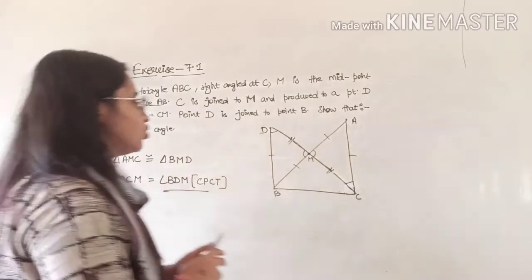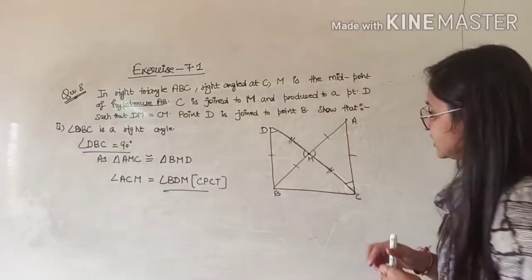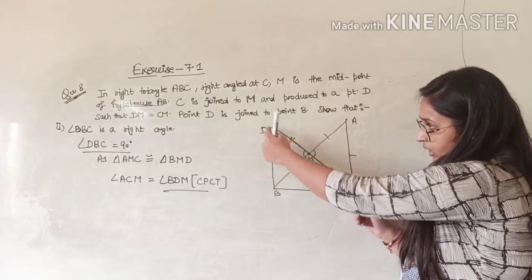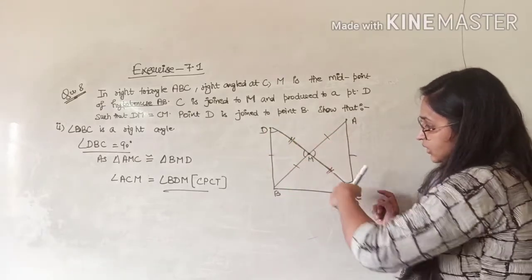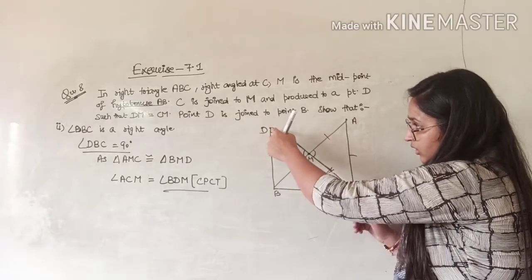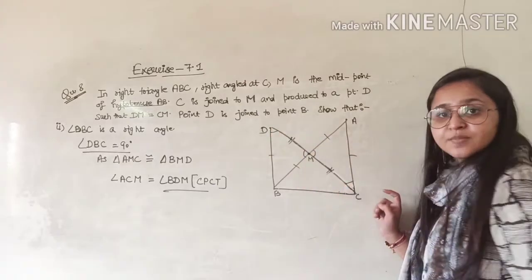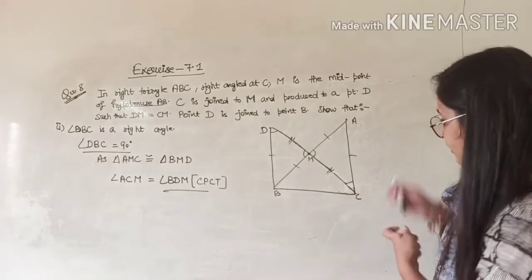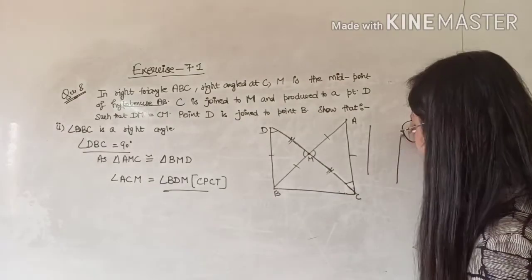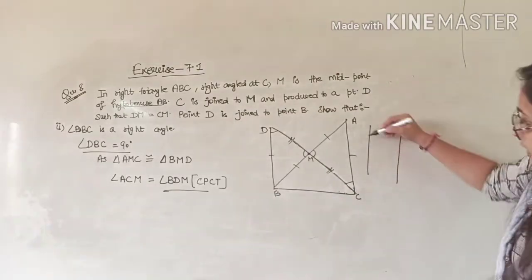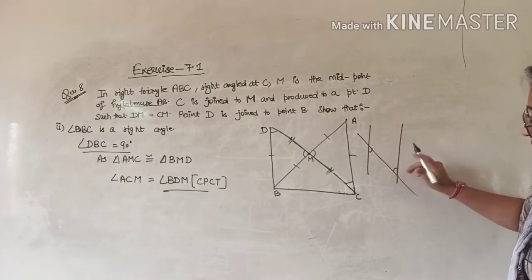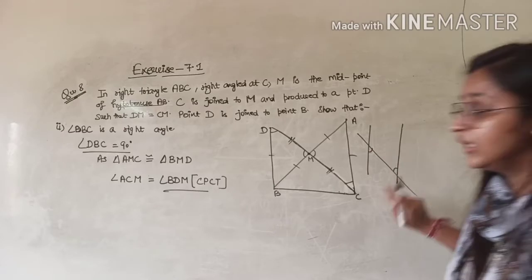Now, if these two angles are equal, see very carefully, and these are two lines, this is a transversal line, so this pair of angles is making an alternate interior angle relation. See, these two lines are given. This is a transversal line. This angle is equal to this angle and these are alternate interior angles.